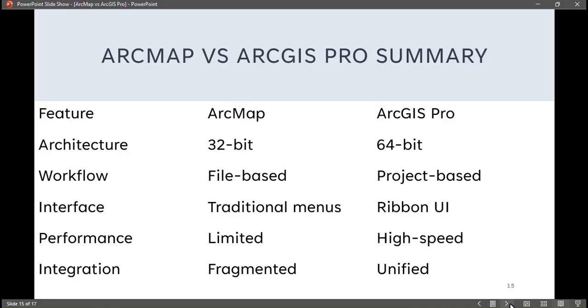Integration, that it is fragmented. In terms of integration, it is fragmented because you have to open ArcGlobe, and then you move from ArcGlobe to ArcCatalog, or to ArcMap, or to ArcScene.